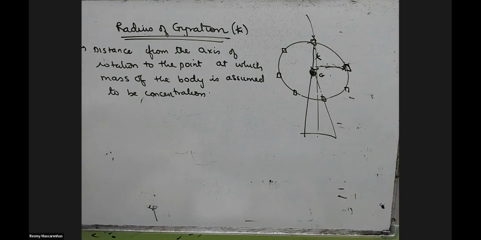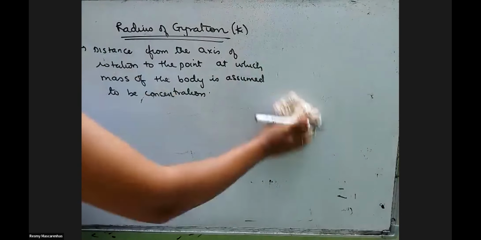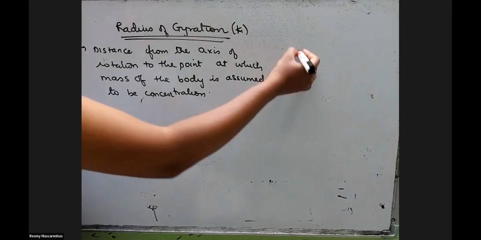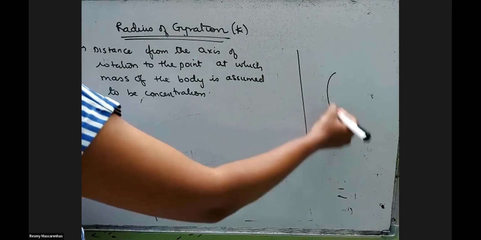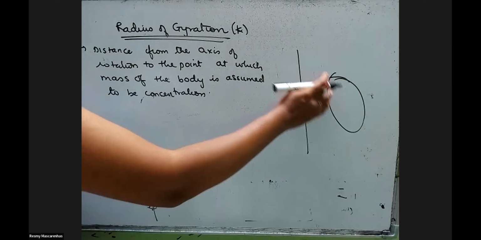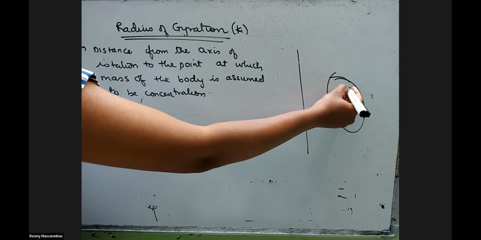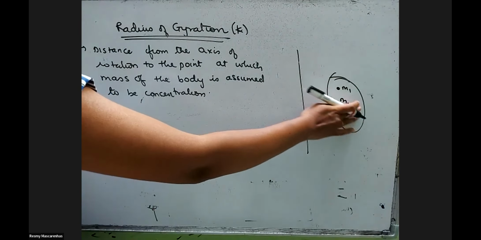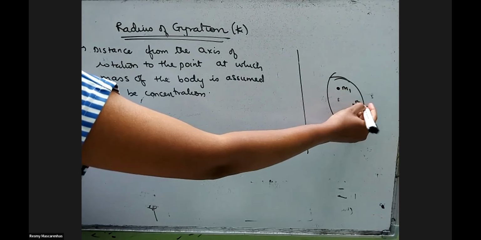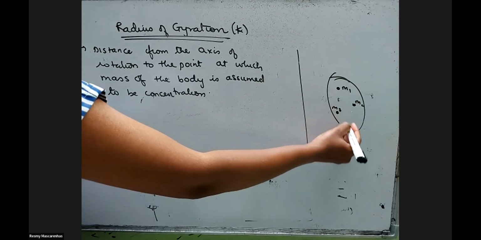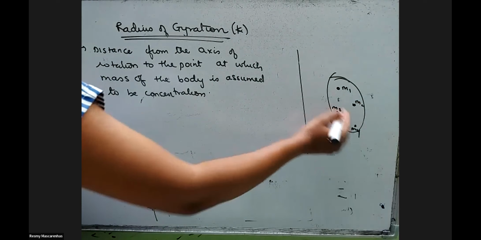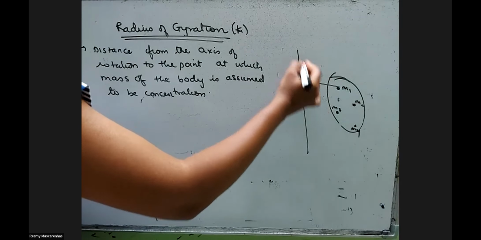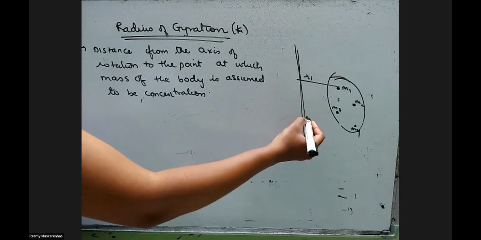I'll draw a diagram. Suppose you have this, and this is your reference, and these are your masses M1, M2, M3, M4 at different spots. This will be R1 from the main reference axis.